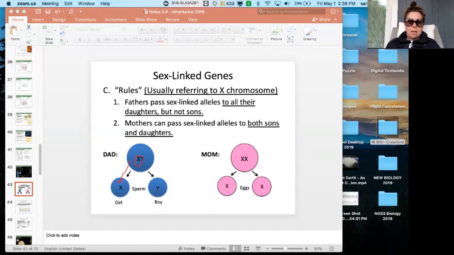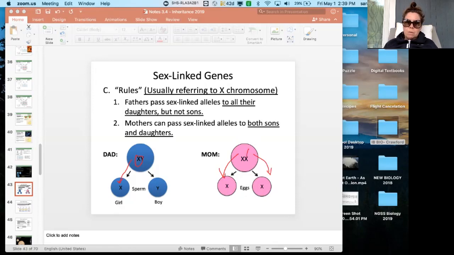If the dad passes on the Y, then he's having a boy. So any trait that's on the X chromosome would not be passed on to his sons. Now moms only carry X's, so they can pass it on to daughters and to sons.